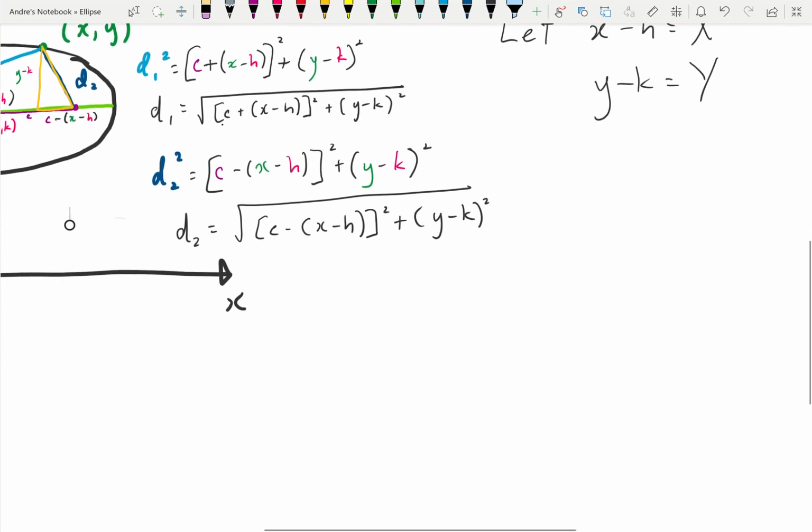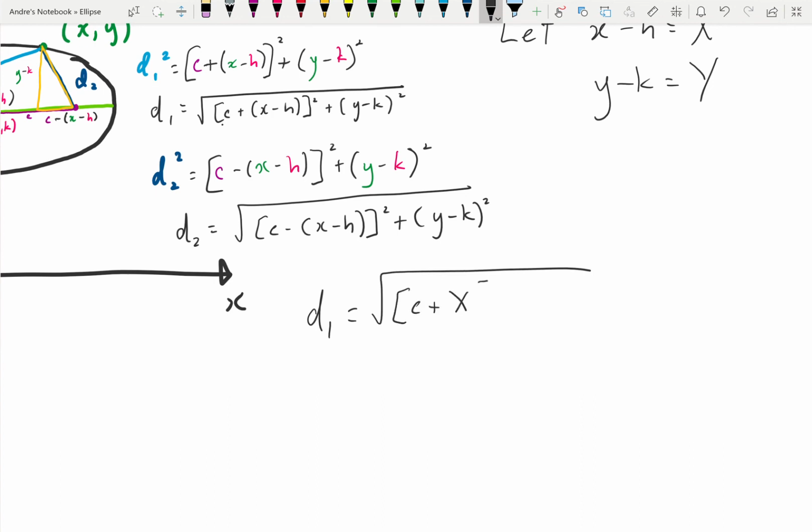So we're going to rewrite each of those equations as d1 is equal to the root of (c plus big X) whole squared plus big Y squared, and d2 is the root of (c minus big X) whole squared plus big Y squared. So this is our starting point. We now have the tools that we need to derive our equation.